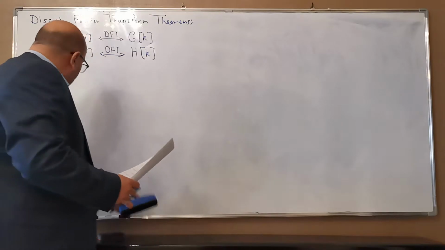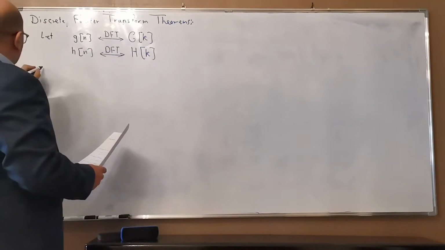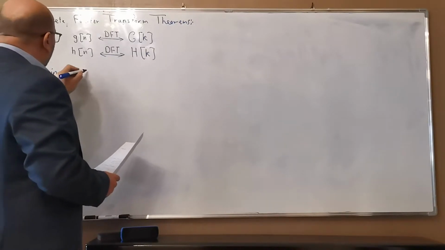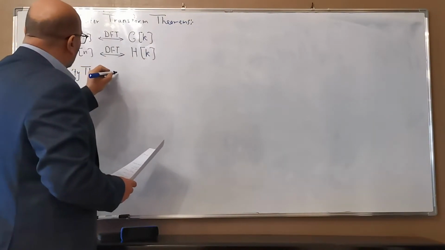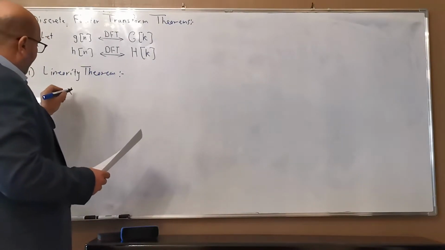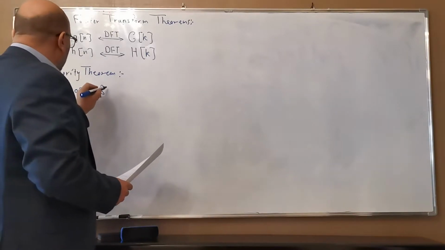The first theorem is linearity. وهنا نقدر نقول انه we have a linear combination of G of n and H of n.